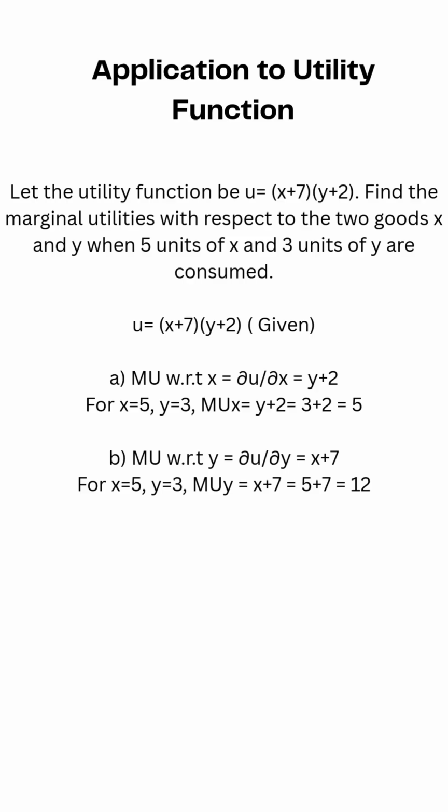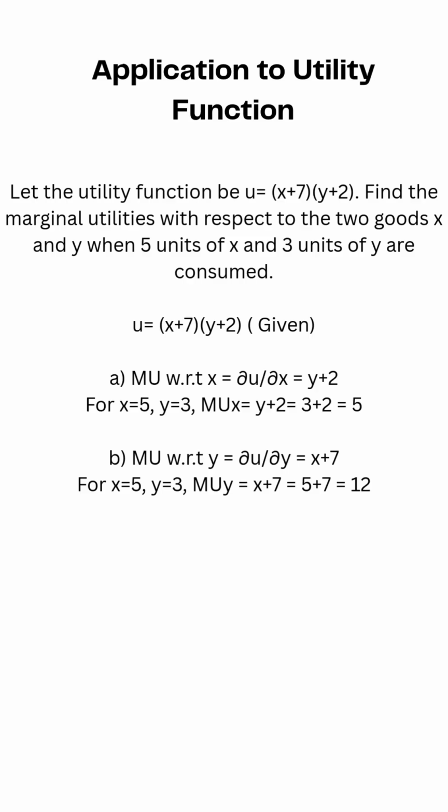So the marginal utility with respect to x is the partial derivative of U with respect to x, that is y plus 2. For x equals 5, y equals 3, then MUx is y plus 2, that is 3 plus 2 equals 5.